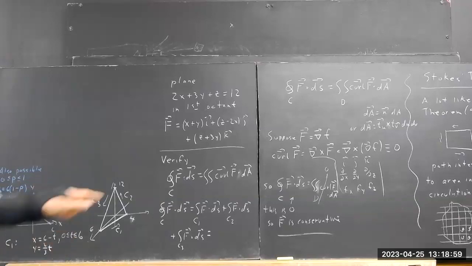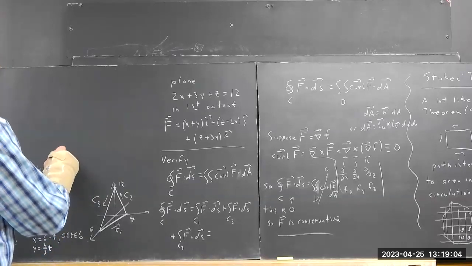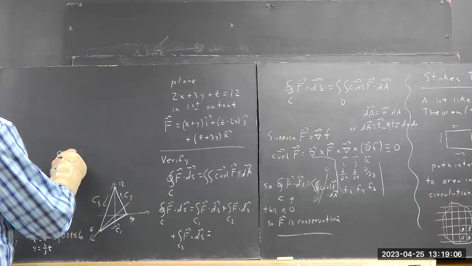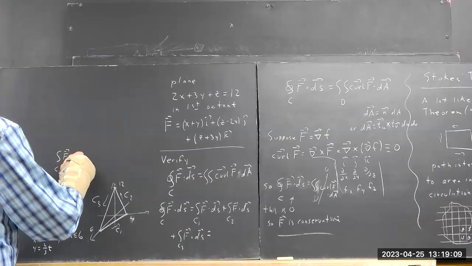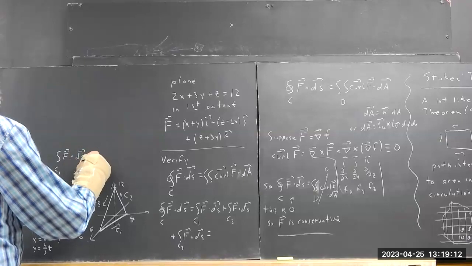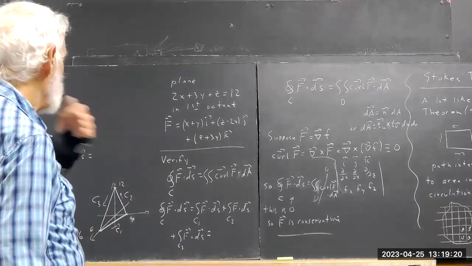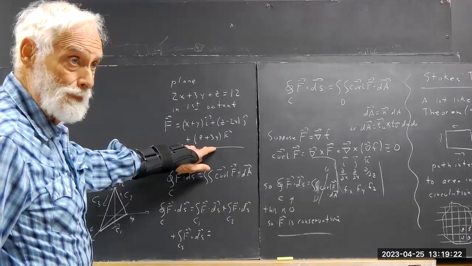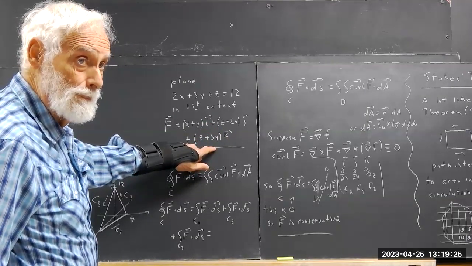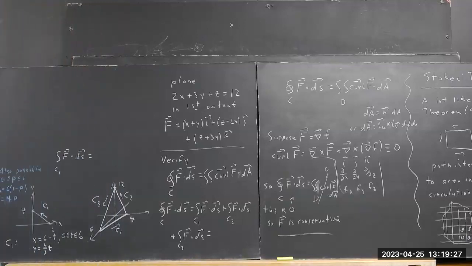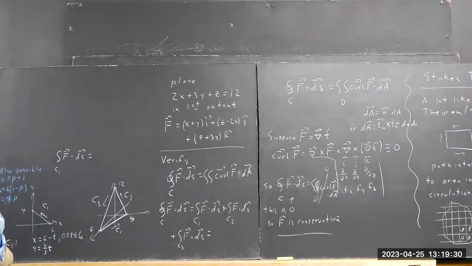Now, the integral over C1 of F dot dr. The other thing is, we do have z, right? What can you say about z here?